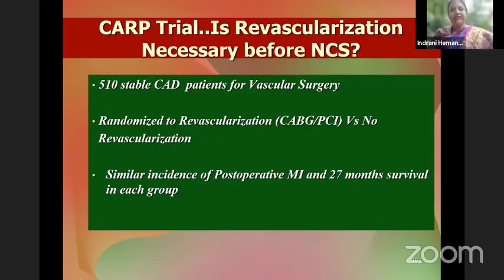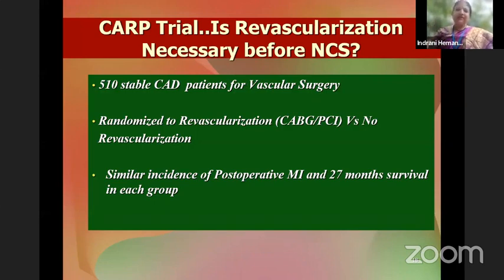Interestingly, this trial compared two groups of patients, one in whom revascularization was done, either a CABG or a percutaneous intervention in the form of stenting, versus no revascularization before a non-cardiac surgery. And what did they find?